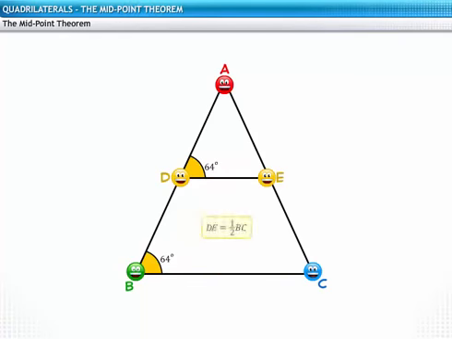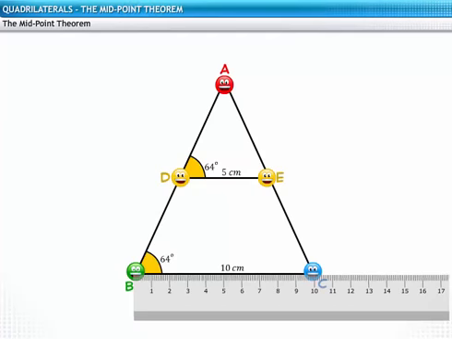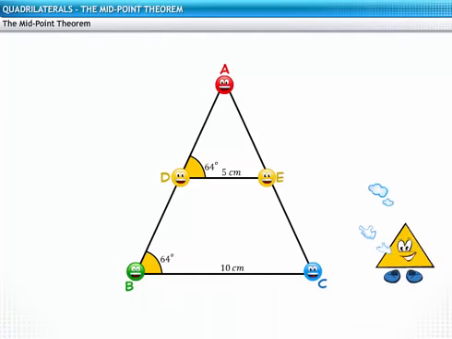Also, D and E claim that the distance between them is half the distance between B and C. For this, let's measure the length of the line segment DE and BC. Wow! They are right.